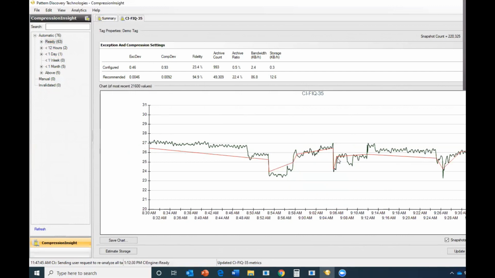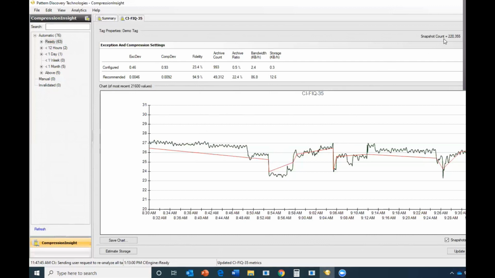This is the archive data that would have been stored if the original exception and compression deviations were applied. And the calculation that we made, this data fidelity measure, we calculated the fidelity is only about 23% of the original snapshot.